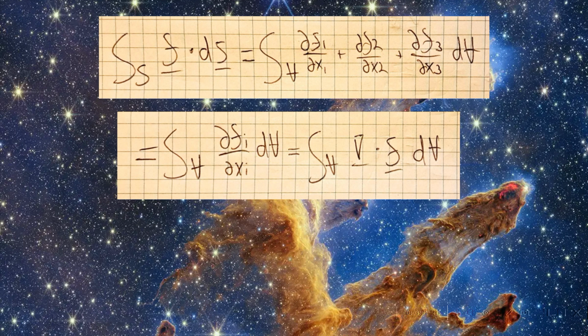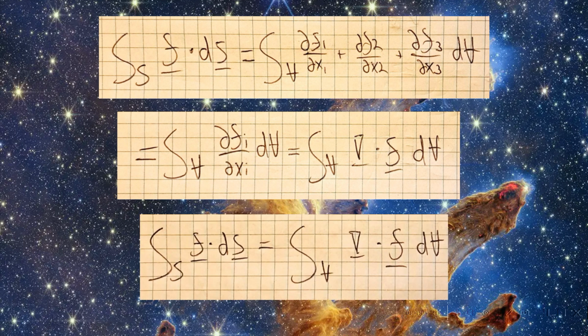So if we write it in index notation, then we just have dfi dxi, which is actually del dot f, the divergence of f. So this is the result that we're interested in.